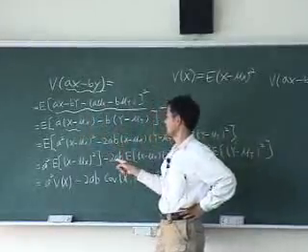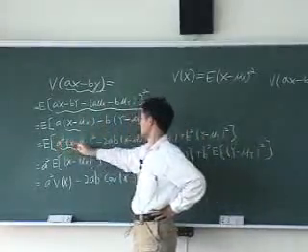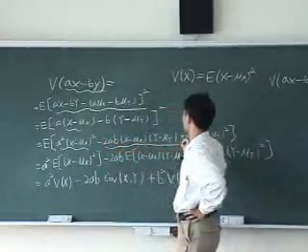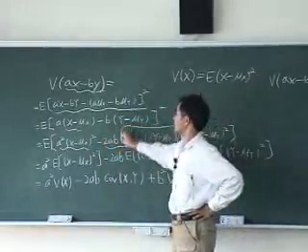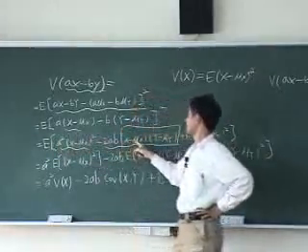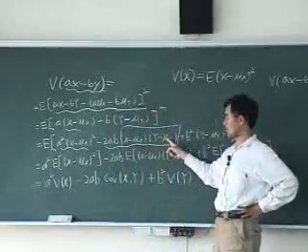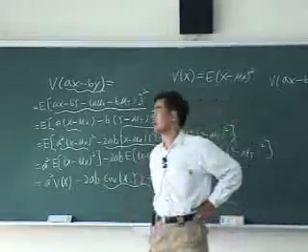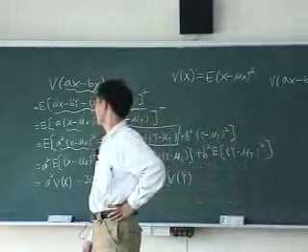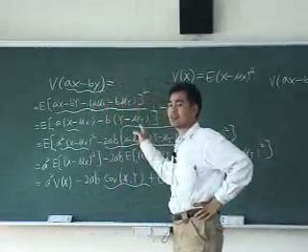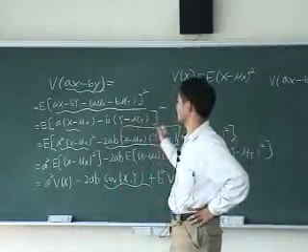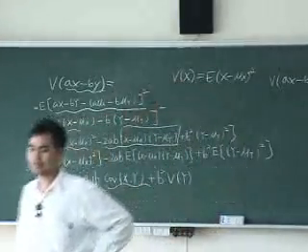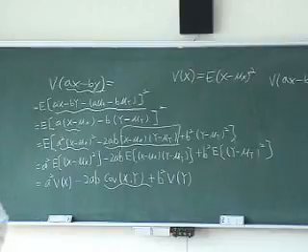Here you have this part and this part, and the expectation of (X - μx) and (Y - μy) is exactly covariance. If you remember the definition, you should have no difficulty getting to the final result. And let us move on.